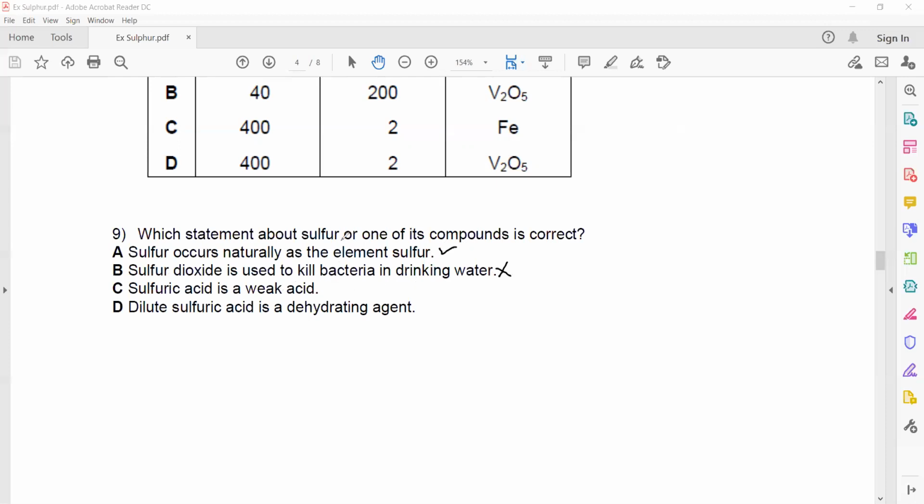Because if sulfur dioxide is added to water, it will make acidic water, so it will not be suitable to drink. Sulfuric acid is a weak acid. That's totally wrong. It's a strong acid. Concentrated sulfuric acid is a dehydrating agent, meaning it can remove water by reaction. That's why A is the right statement. Is it clear?